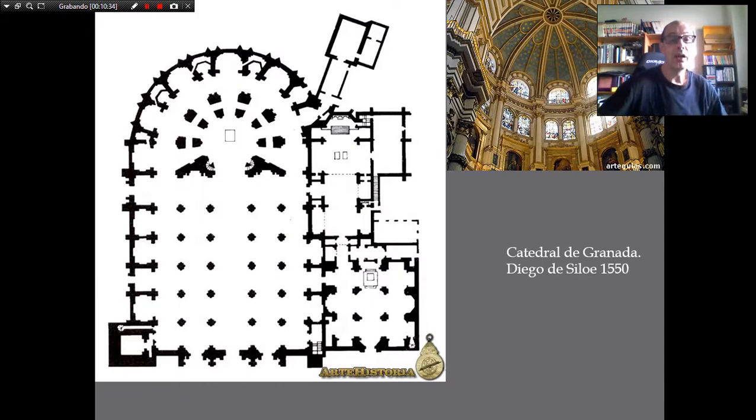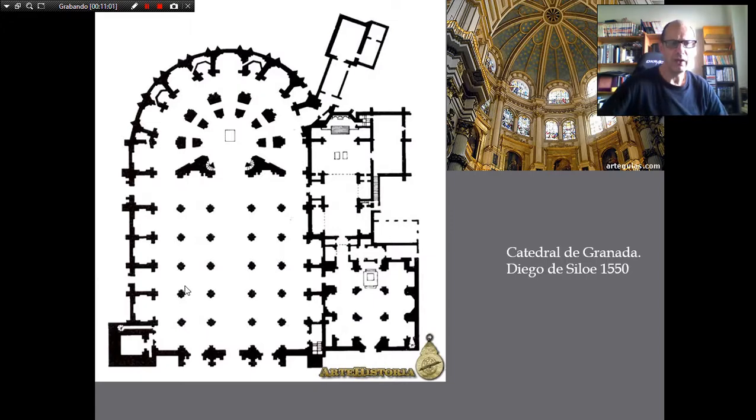Circle as a symbol of perfection, and the tomb of the king in the middle. Finally, it didn't happen, because now the king is in another place. He's in a monastery close to Madrid, Monasterio del Escorial. But the structure of the church in Granada has a circle in the head of the cathedral because of that.